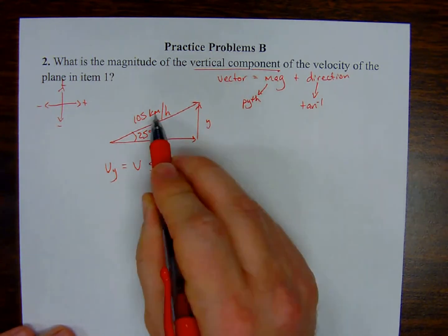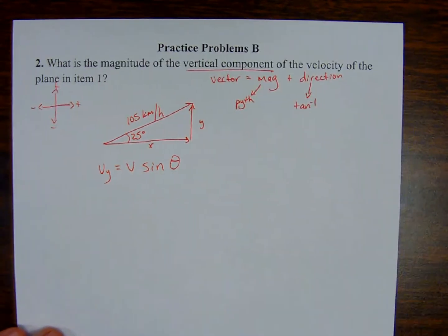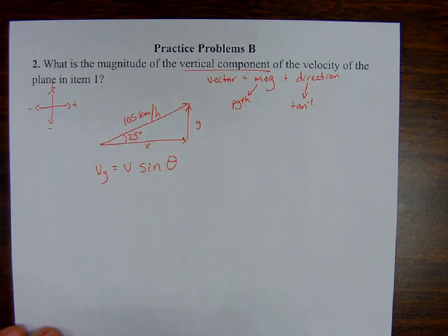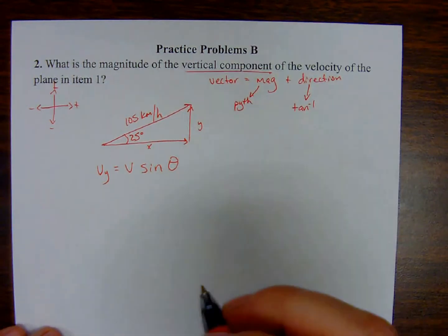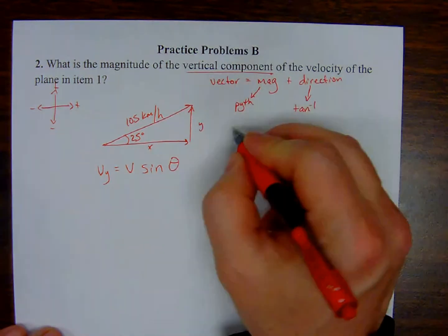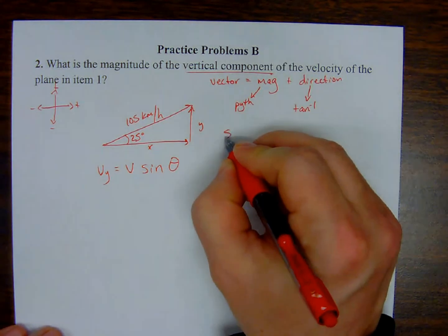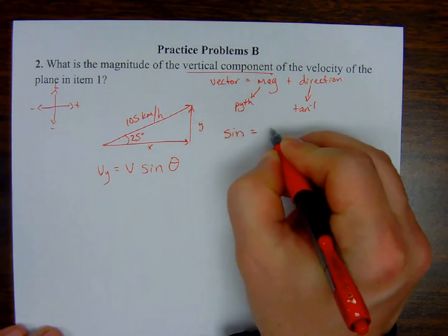That might be useful. Let me show this for you. You don't have to take my word for it. So sine is equal to opposite over hypotenuse, right? Well, here I'm being asked to solve for opposite.